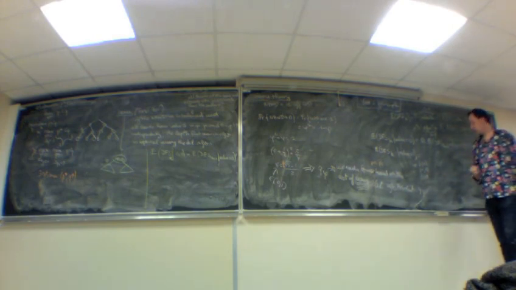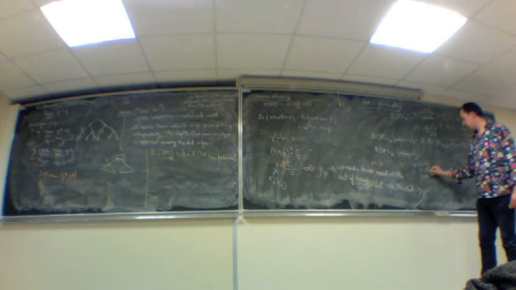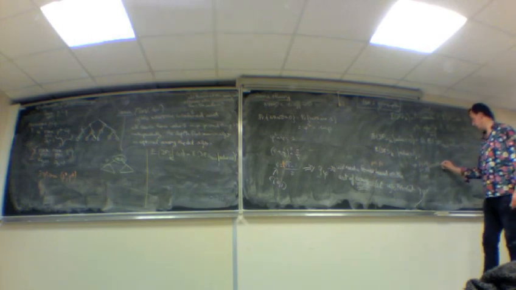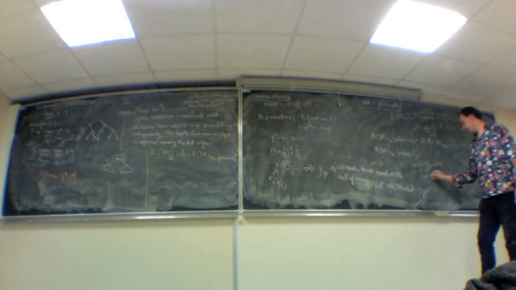Okay? So this happens with probability phi times 1 minus phi, and this happens with probability 2 phi minus 1, and this happens with probability 1 minus phi square.